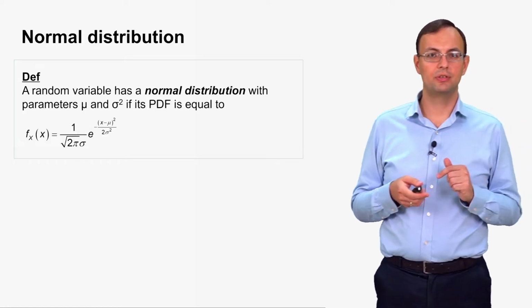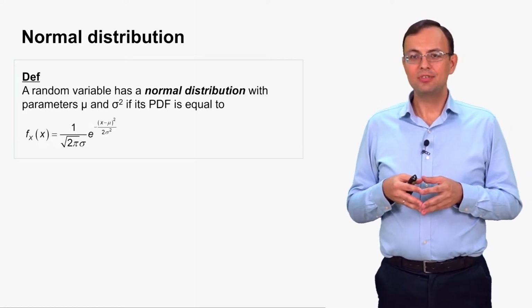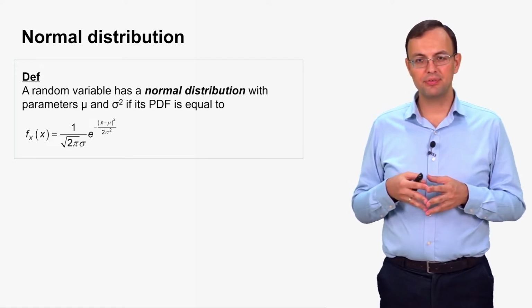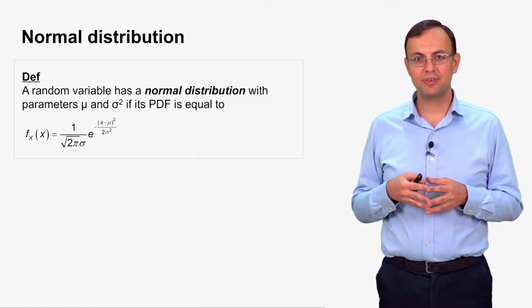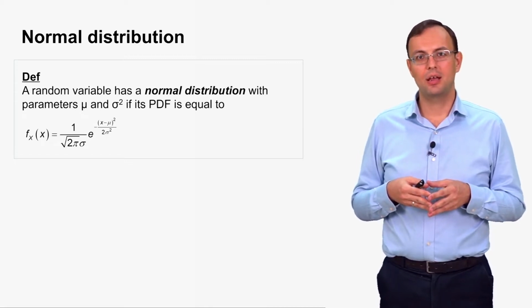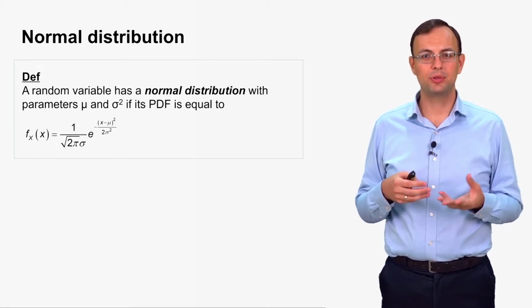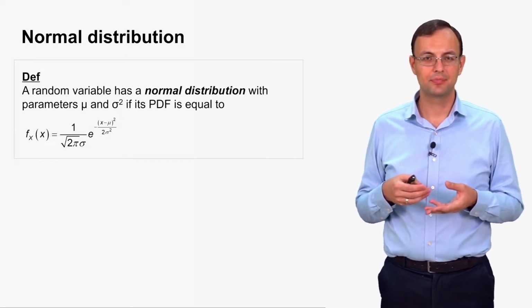So the normal distribution. As you can see, all previous distributions were defined using their physical meaning. But this distribution is defined with a formula, with its PDF.